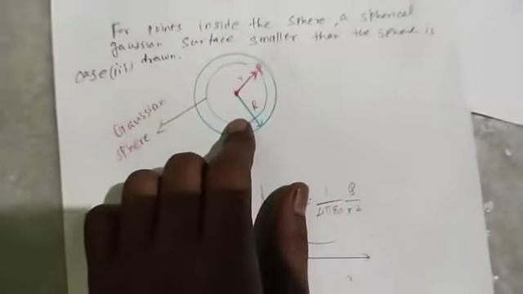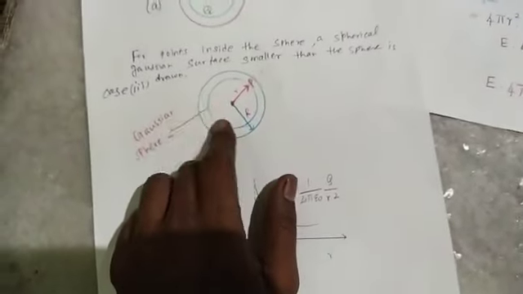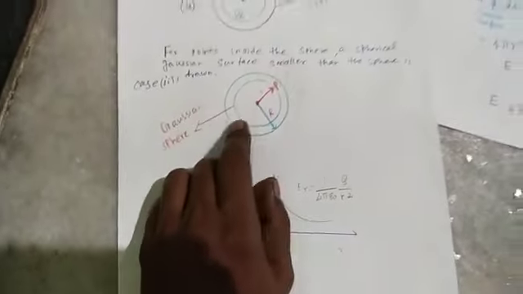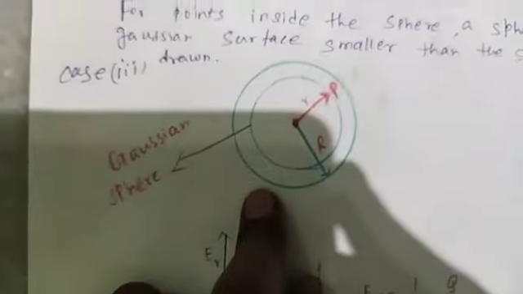This is a diagram. The Gaussian surface is considered inside the spherical cell. The green color is the spherical cell.